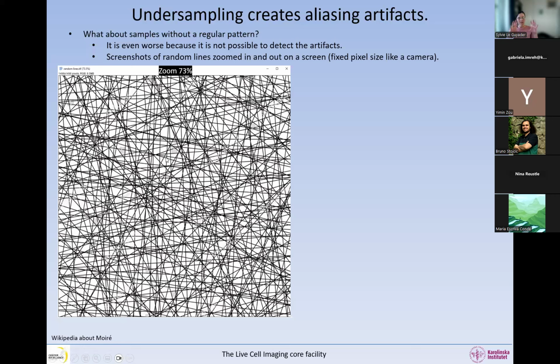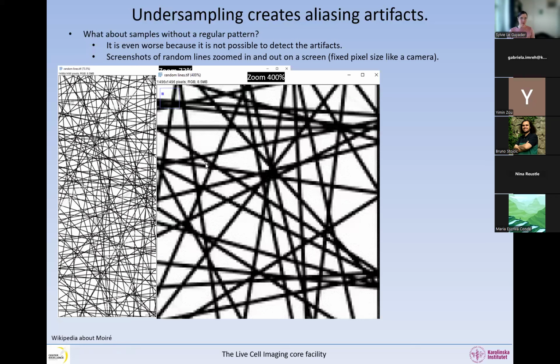And then I displayed this on my screen, and I took screenshots of it. So I have the pattern of the lines, and then I have the pattern of the screen that overlay each other. And so if I zoom in, I see all the pixelation artifacts that are very clear on the lines.